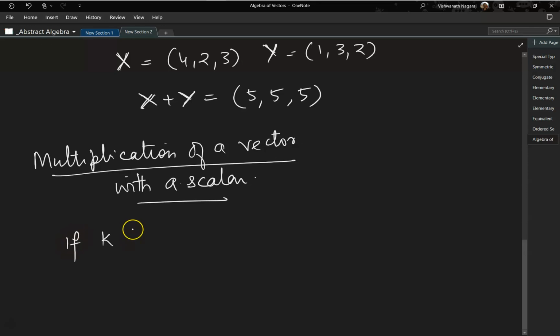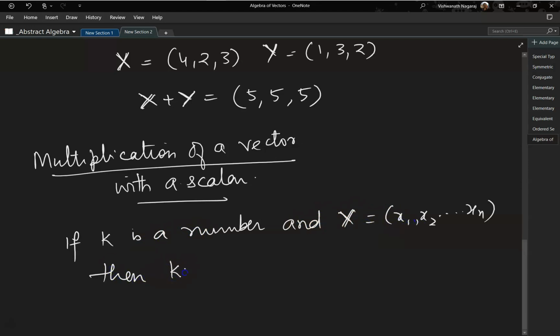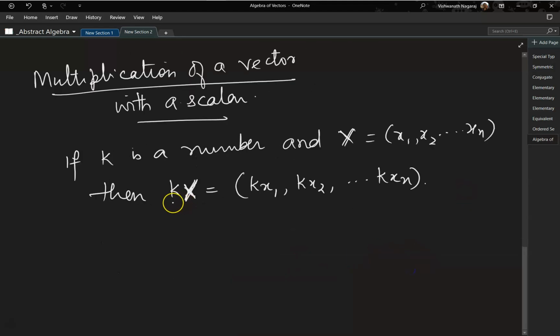So if k is a number and x is an n vector, then kx is equal to (kx1, kx2, and so on to kxn). So basically we multiply the scalar with each of the components of the n vector.